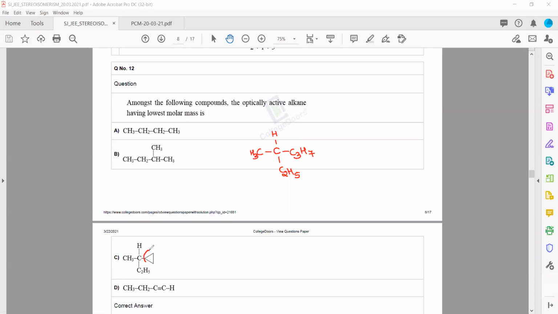Because cyclopropyl का formula would be C3H5. There is one DU over here. बराबर? तो मान लो अगर C के साथ ये वाला ऑप्शन भी दिया जाए, ठीक है, तो both are correct but having the lowest molar mass पूछा है, इसका मतलब it will be with the cyclopropyl because there will be 2 units lesser as compared to what we have for the molar mass for this particular compound. Understood?